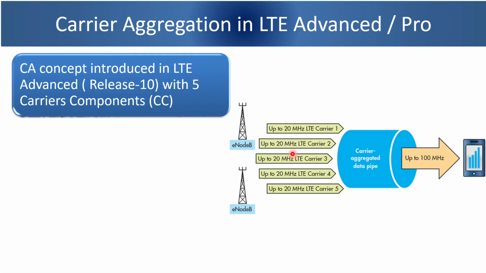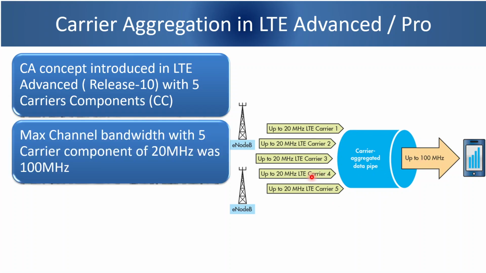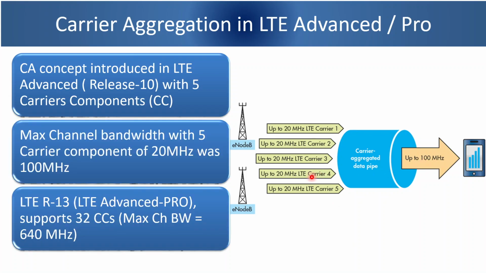We know that in 4G LTE, the maximum channel bandwidth is 20 MHz. So up to 20 MHz carriers, 5 such carriers can be aggregated. So the overall channel bandwidth which could be achieved was up to 100 MHz. 20 into 5 is 100 MHz.